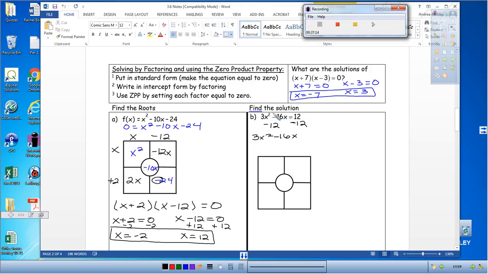None of these are like terms, right? Can any of those be added together? No, so I have a minus 12 here, and that equals 0. Now I need to factor this. Okay, everyone factor it.